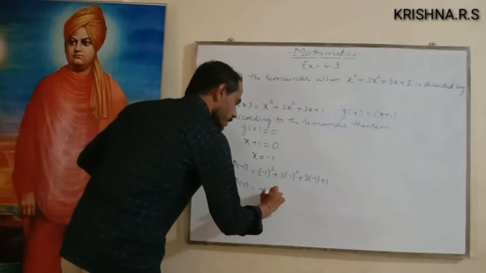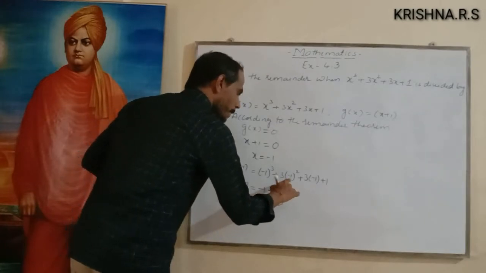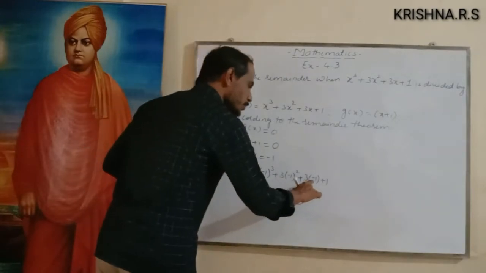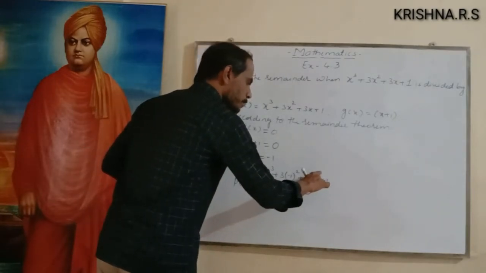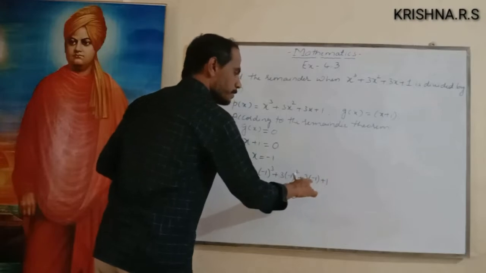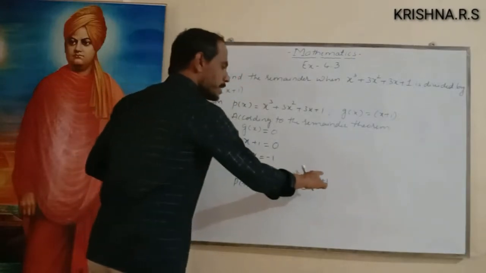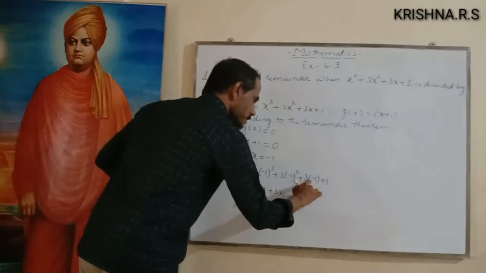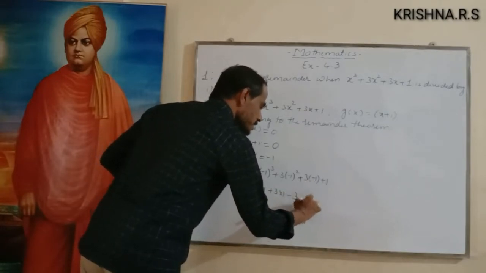Next, plus 3 into minus 1 square is plus 1. Plus into minus, because the exponent is not written, it means the power is 1, which keeps the same sign. Plus into minus is minus. 3 ones are 3, plus 1.